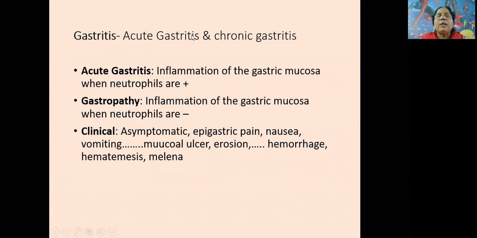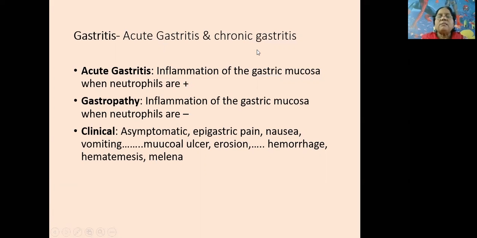So we have acute gastritis and chronic gastritis. What is acute gastritis? That there is inflammation. Of course, we all know itis means inflammation, of the stomach, in an acute presentation, and this is a chronic presentation.